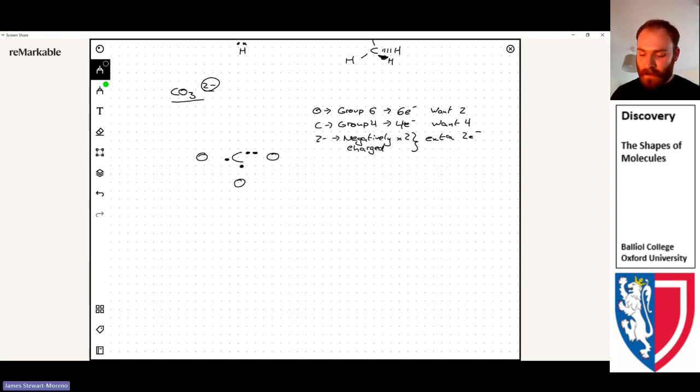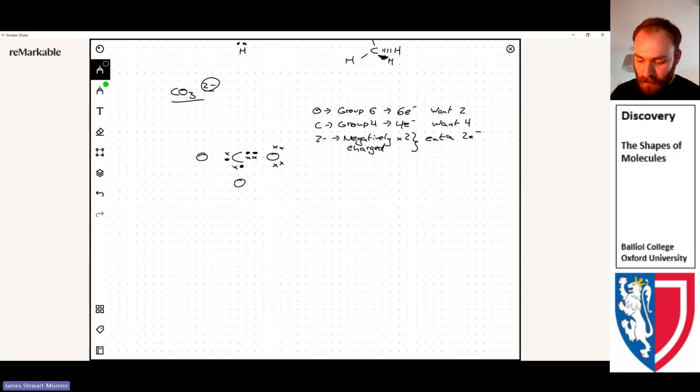Okay, so this oxygen is going to have 6 electrons as normal, plus these 2 means that this oxygen is then going to be happy. This oxygen has now got all 8 of its electrons. It's good. These other 2 oxygens, however, they can only make a single bond with the carbon.